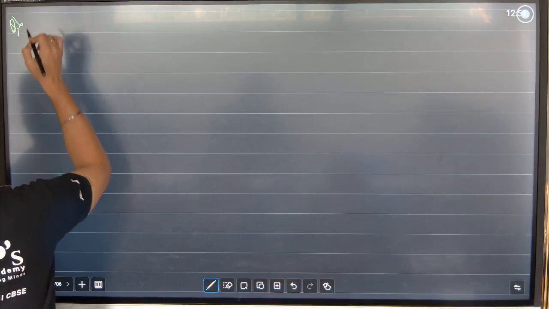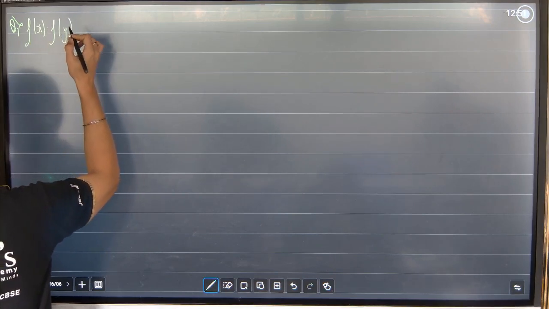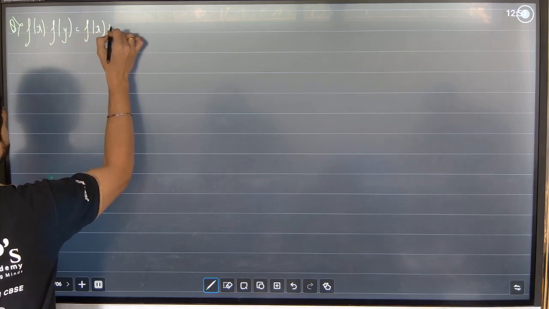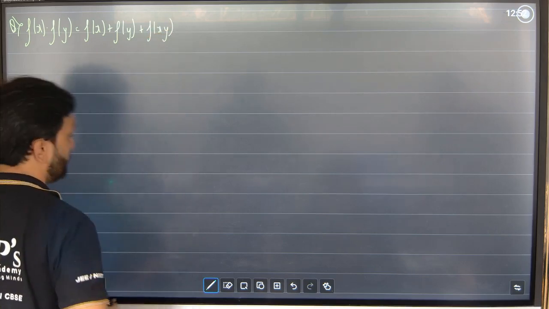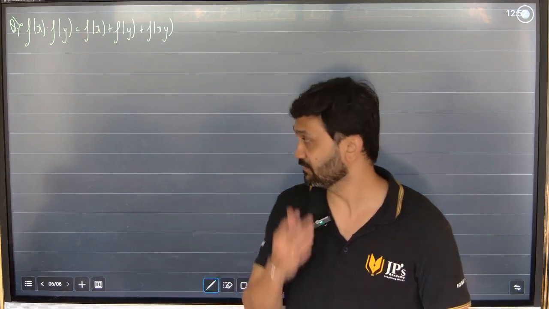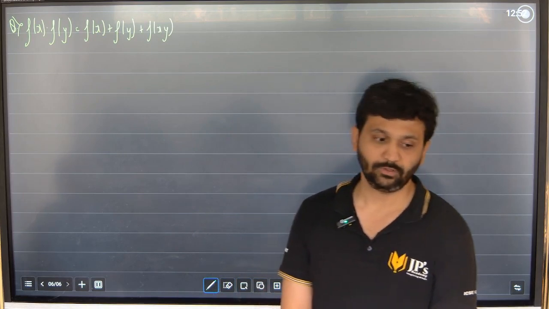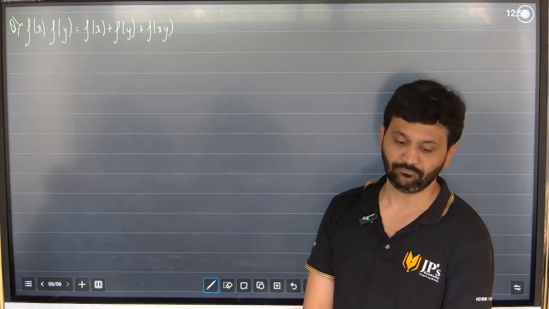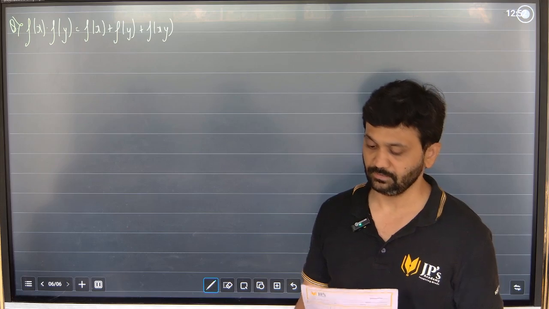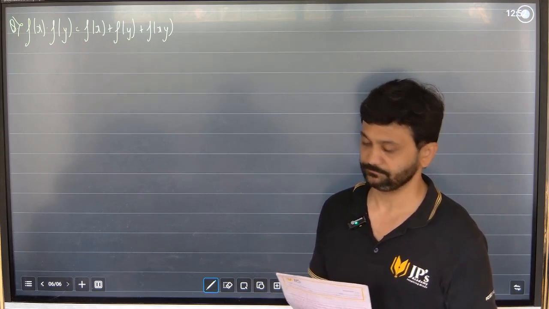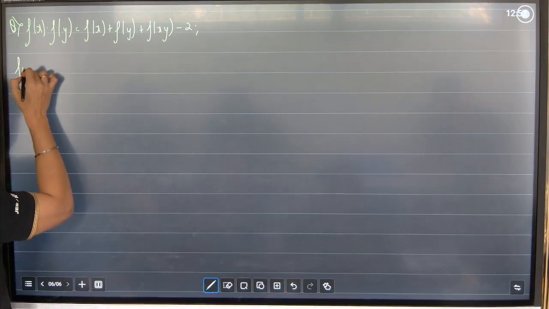F of x is a polynomial function satisfying f of x into f of y is equal to f of x plus f of y plus f of xy minus 2, for all x belongs to real numbers.